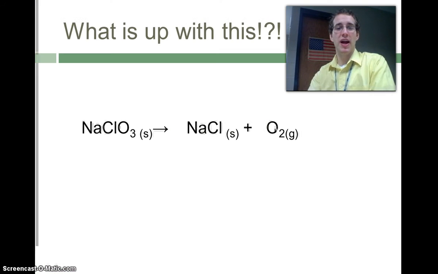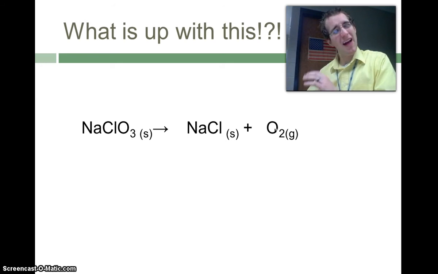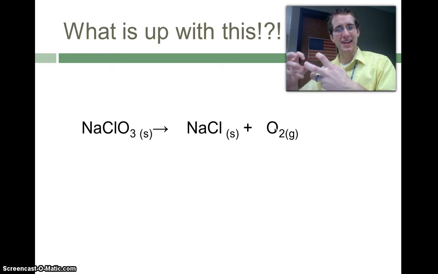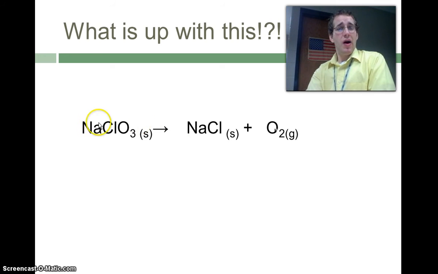Unit 6, chemical reactions. Now, what is going on here? Some of you have seen this before. We've seen this on some of our other slides, but we haven't really stopped to digest or dissect what we see on the screen. We look and we see that we're starting with some substance, and then it becomes two smaller pieces.